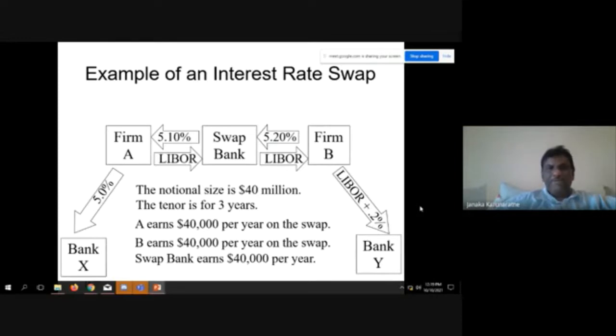Right? Clear? So every party benefited from this swap transaction. Any questions?